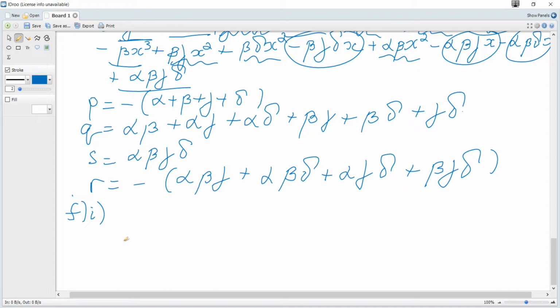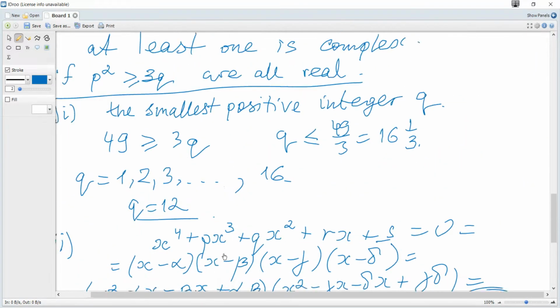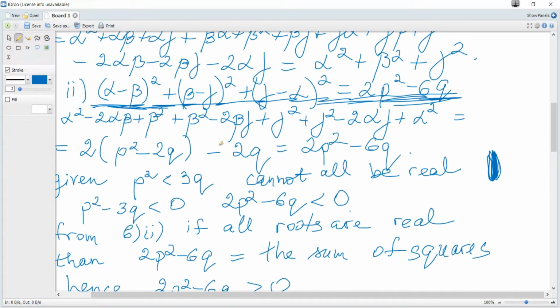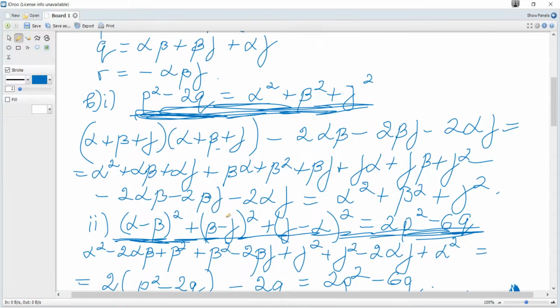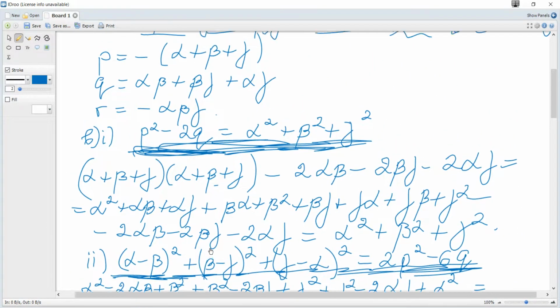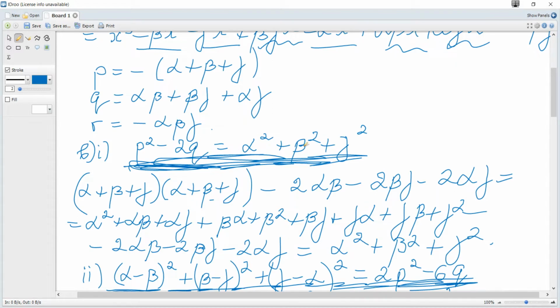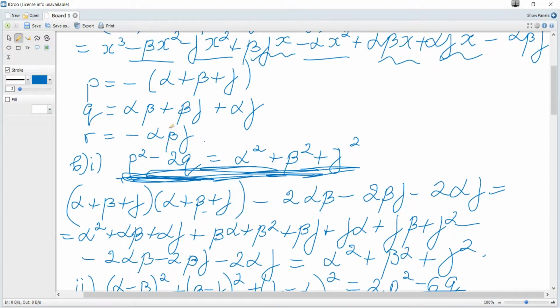Find an expression for alpha squared plus beta squared plus gamma squared plus delta squared in terms of p and q. 3 marks. So we can do it similarly. What did we do for the cubic polynomial to show that alpha squared plus beta squared plus gamma squared is p squared minus 2q?